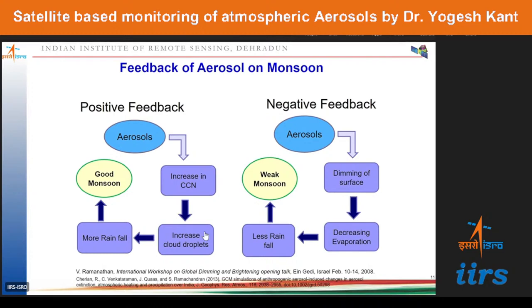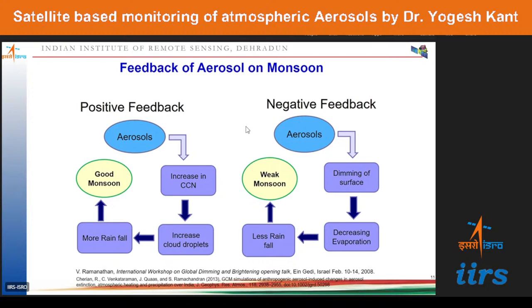As we know, the more aerosol that is emitted into the atmosphere, the more cloud condensation nuclei there are, which increases the cloud droplets, and hence helps more rainfall and a good monsoon.